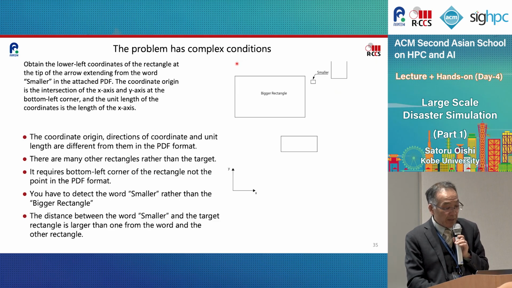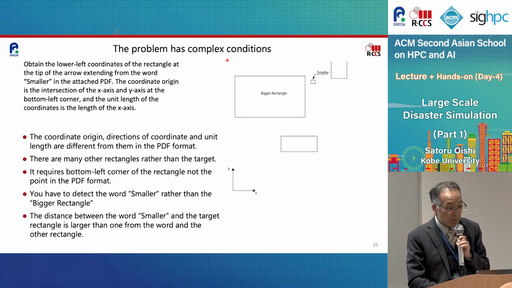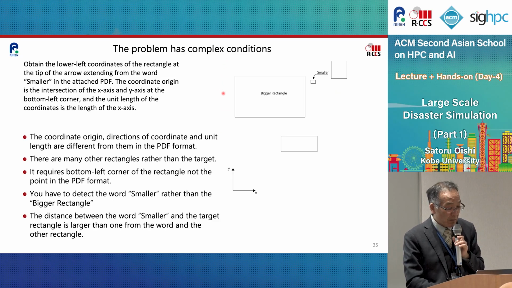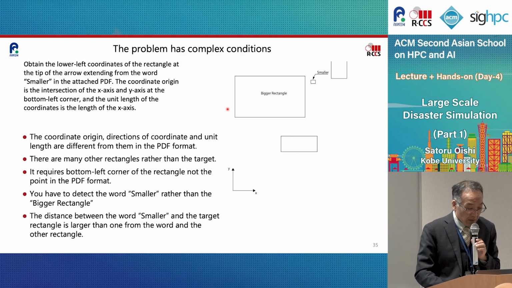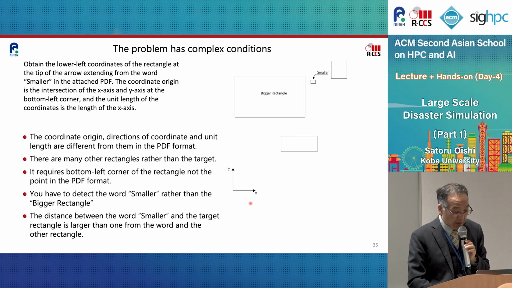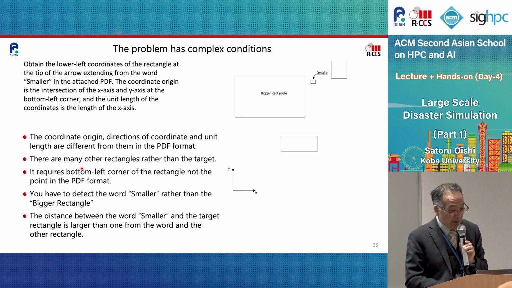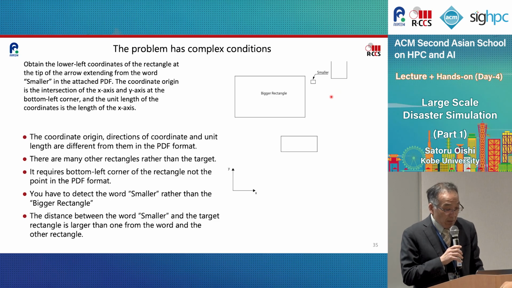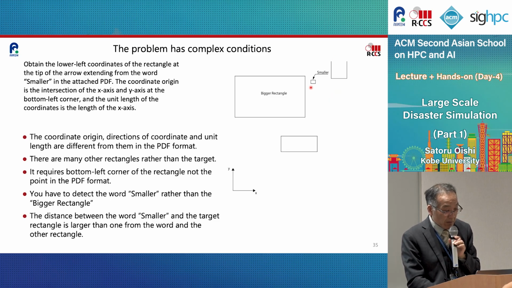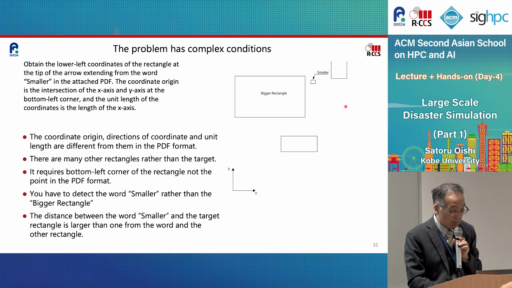Basically, in the PDF format the coordinate origin is at the top left, and the coordinate unit is something different from this x-axis. And there are many other rectangles for puzzling, rather than the target. Target is here, but there are many other rectangles for puzzling it.